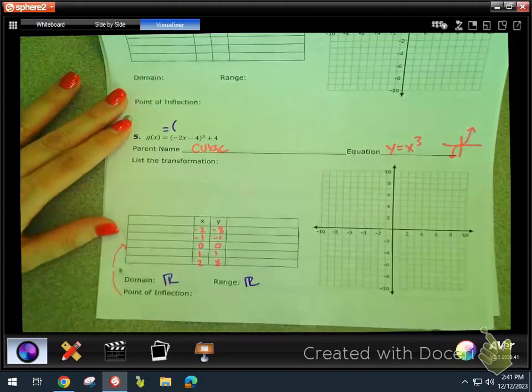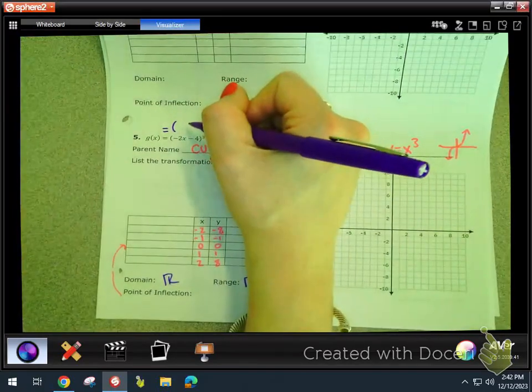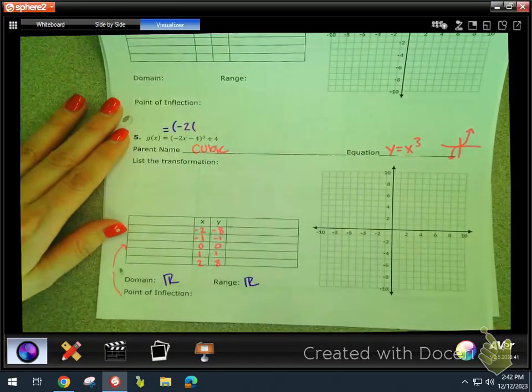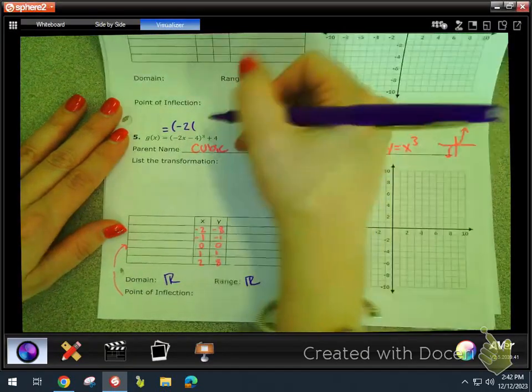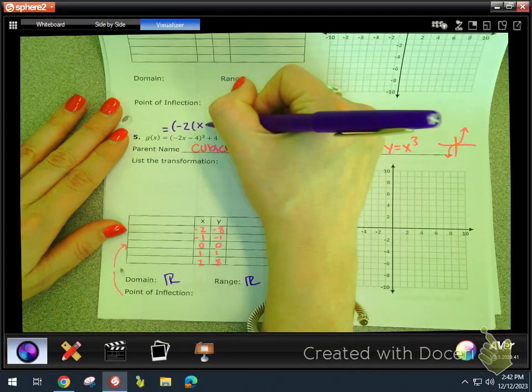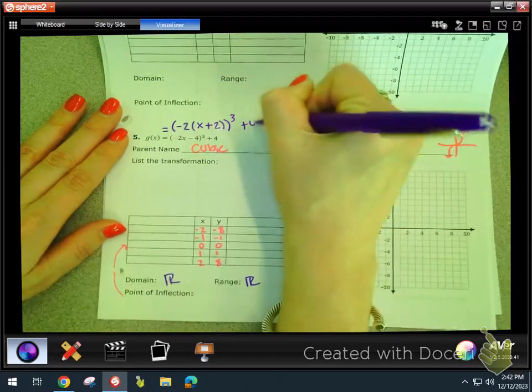Again, it stays inside the function as a b. Do not put it outside of the to the third. You should get a double parentheses situation. -2, open parentheses, a second one. What's left in there? X plus 2. Double parentheses to the third plus 4.